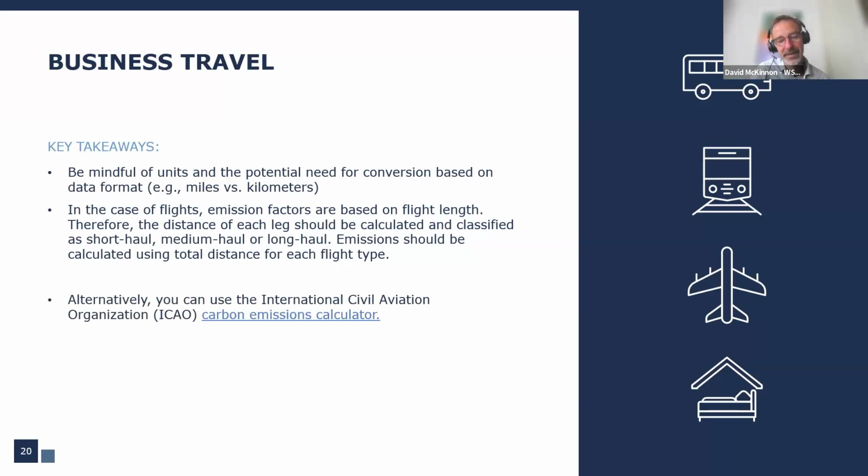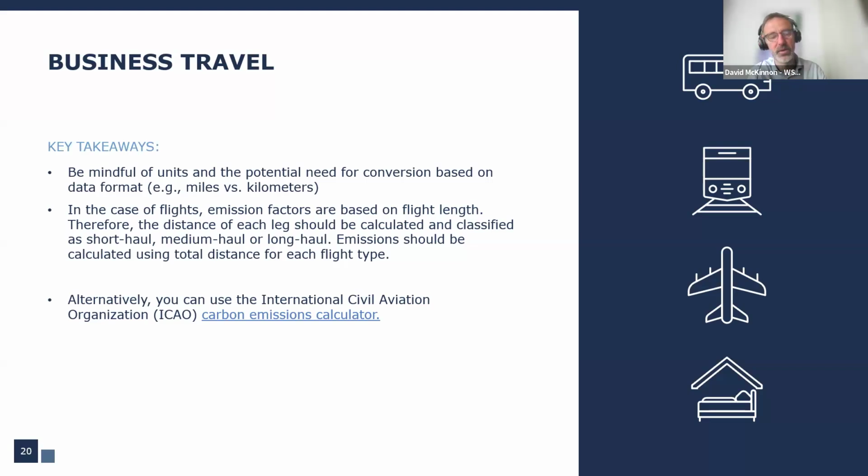But it might also be easier, depending on how you want to do it, to use the carbon emissions calculator from the ICAO, which is really easy. You put your start and end point in, and it gives you a really detailed, really accurate emissions figure from that flight, and it's based on really specific data for the routes that you use, and the types of plane that you use, and the class of seat that you choose, for example.